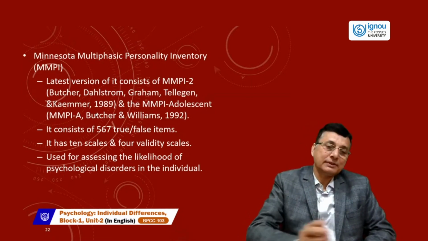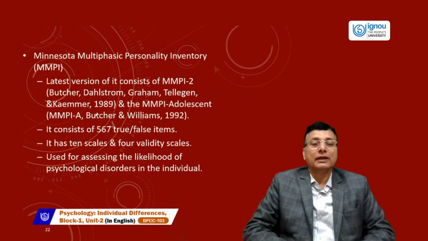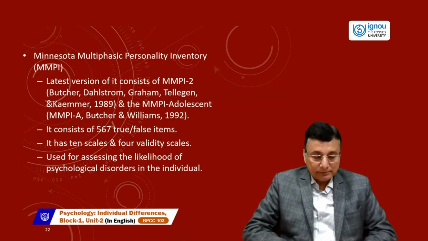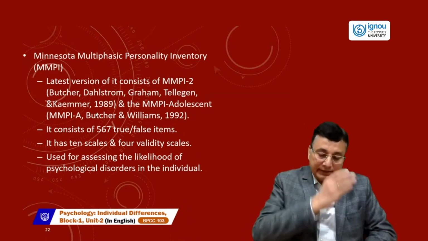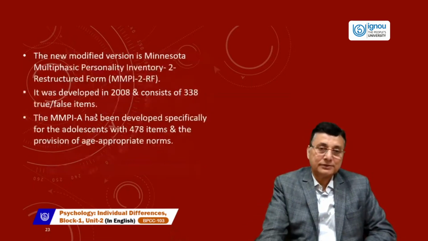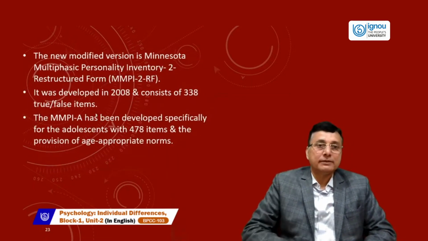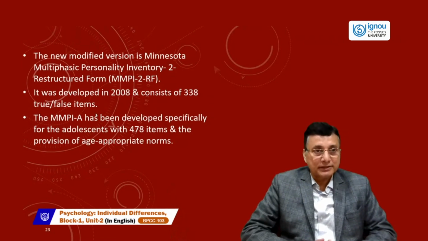So you can make the diagnosis of schizophrenia, paranoia, psychopathic deviation, depression, OCD, like that. The new modified version is the Minnesota Multiphasic Personality Inventory-2 Restructured Form, MMPI-2-RF.